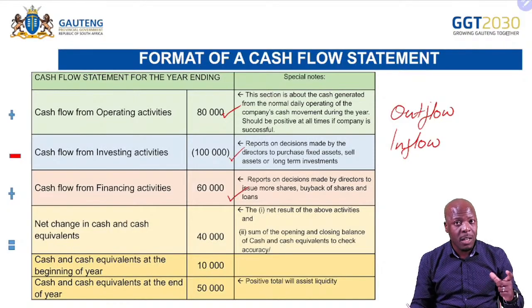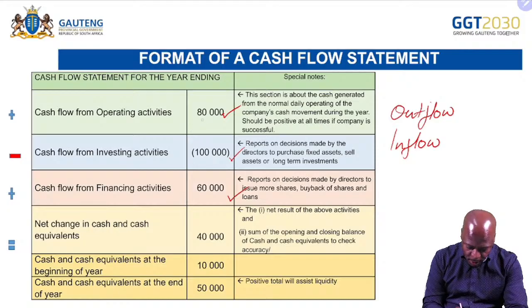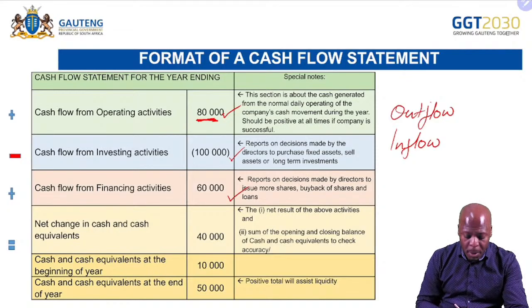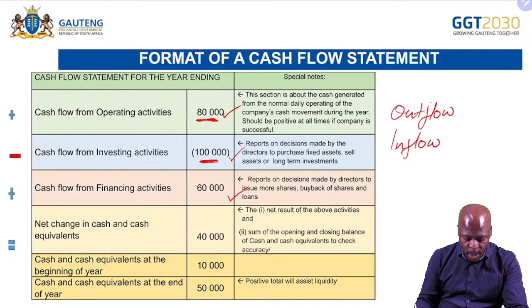So it is very important to be able to distinguish between your inflows and your outflows. And then once you say your 80,000, I want you to have a calculator with you there quickly. Please punch in 80,000. And then if you go to the investing now, with investing, there is a bracket. So you're going to say minus 100,000. So you're going to subtract 100,000. But if you now come to your financing activities, it's 60,000 with no bracket.